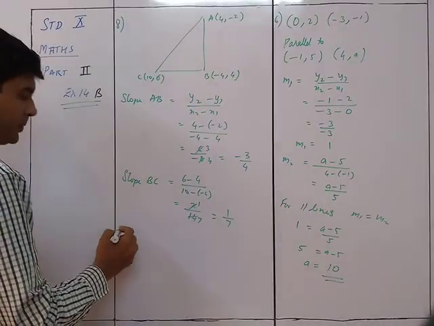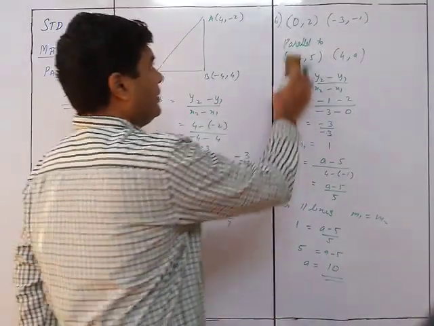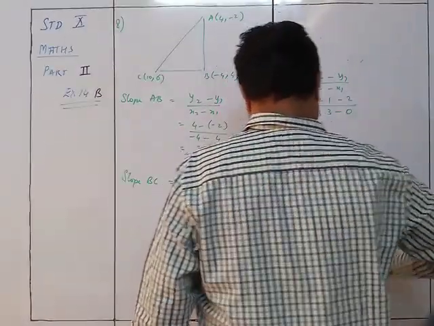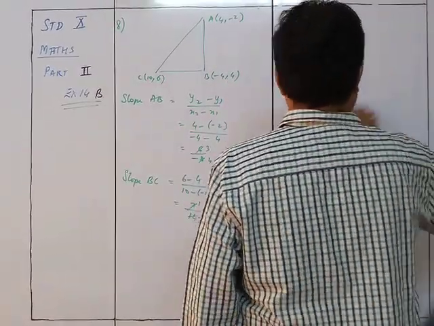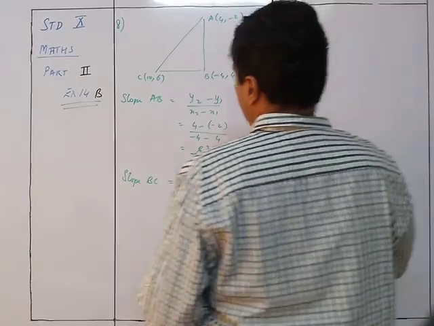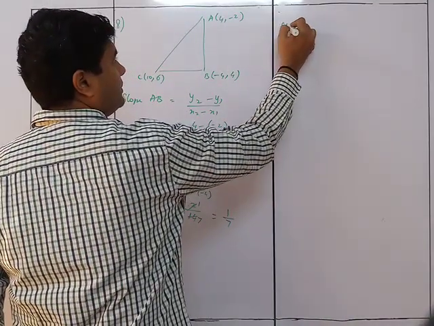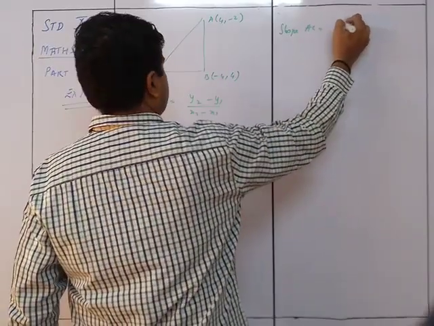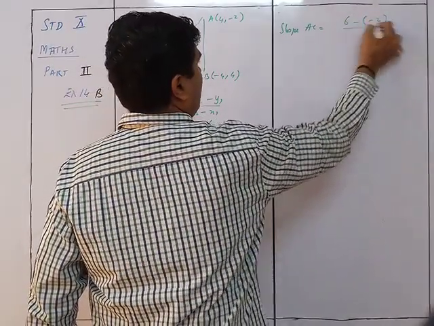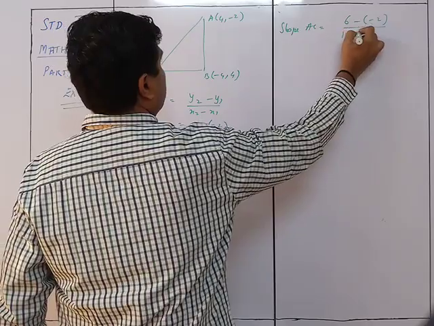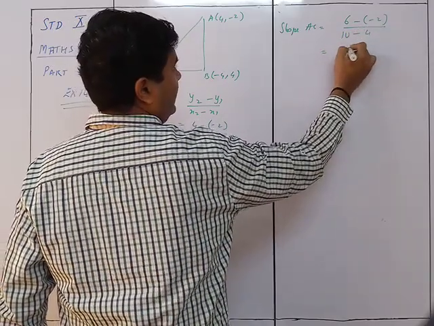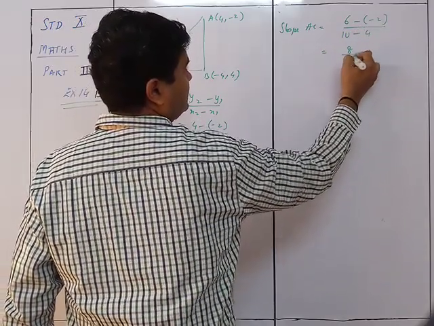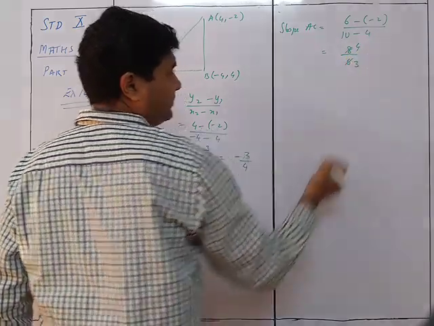Let's take out slope AC. So slope AC will be equal to 6 minus of minus 2 upon 10 minus 4. This is 8 upon 6. That is 4 upon 3.